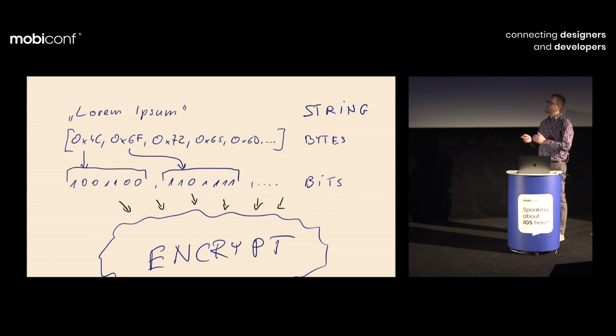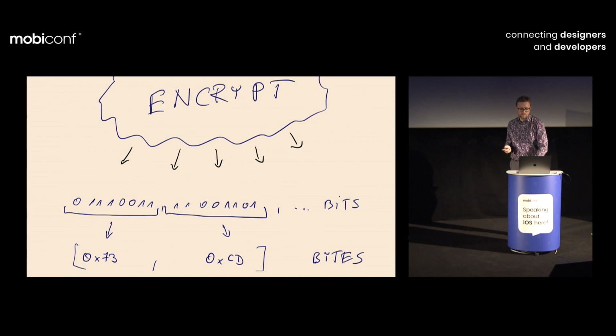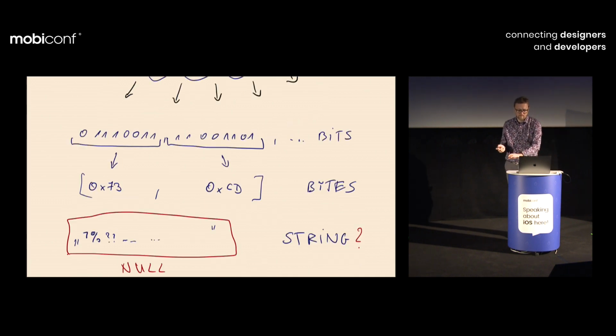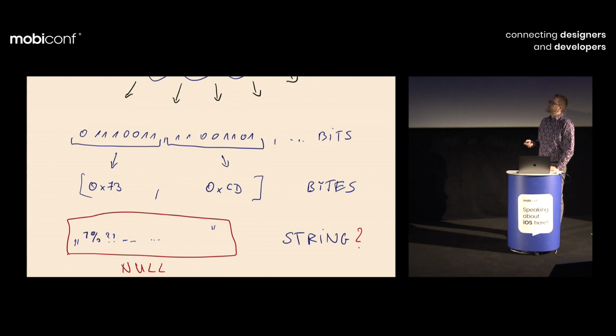Each byte is 8 bits. Those bits go to the encryption machine that does the magic and outputs some shuffled bits that we can again represent as bytes. And we want to print out the result.